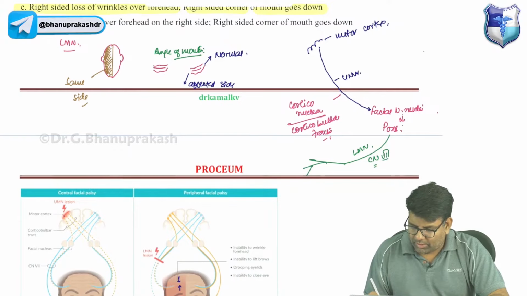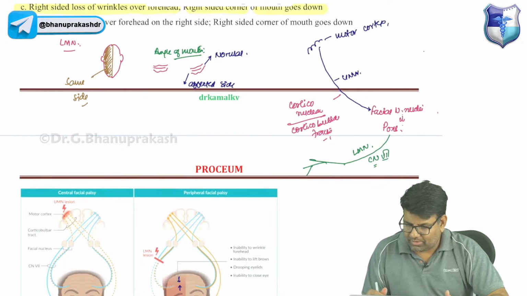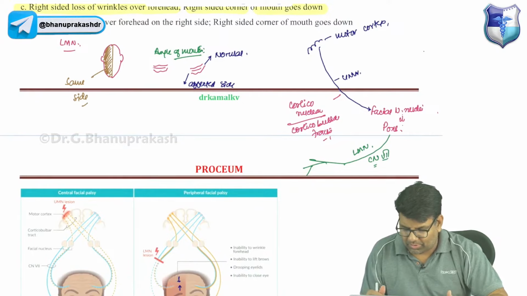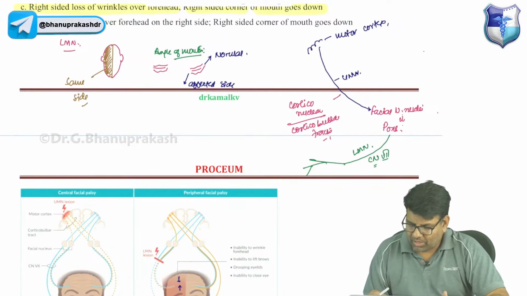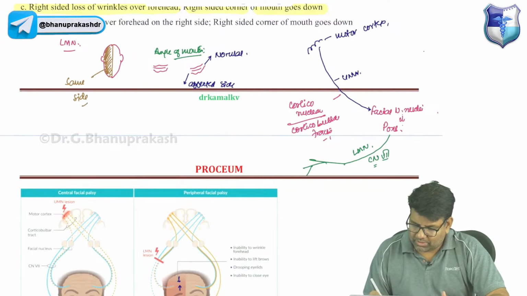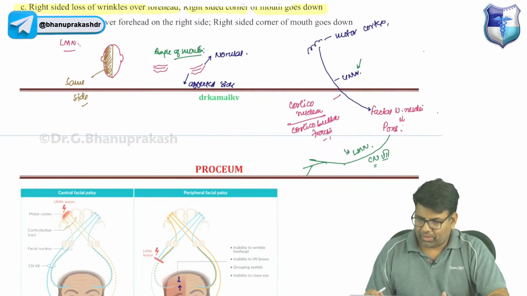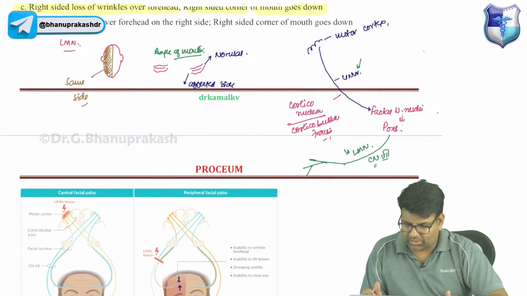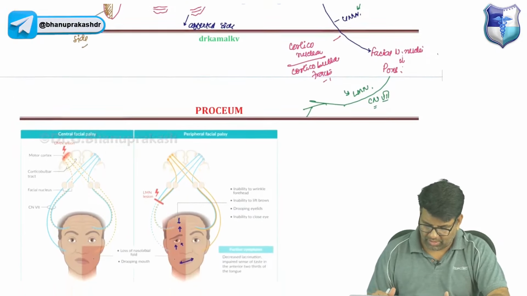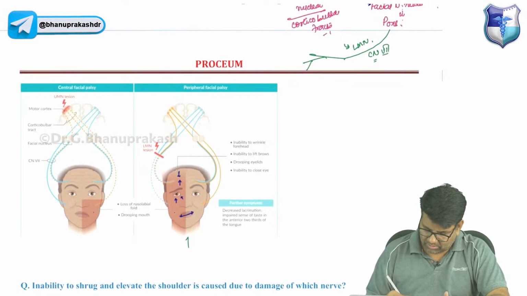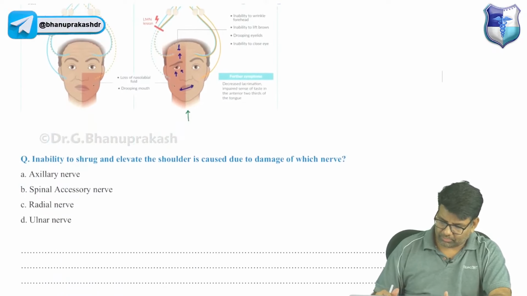If the nerve proper is injured, that is, yes, Raghu, absolutely right, 5, 6, 7 neurons. So if the nerve proper is injured, that is lower motor neuron. If there is an involvement of the corticonuclear tracts, that is upper motor. Right? So I'm just discussing lower motor neuron.